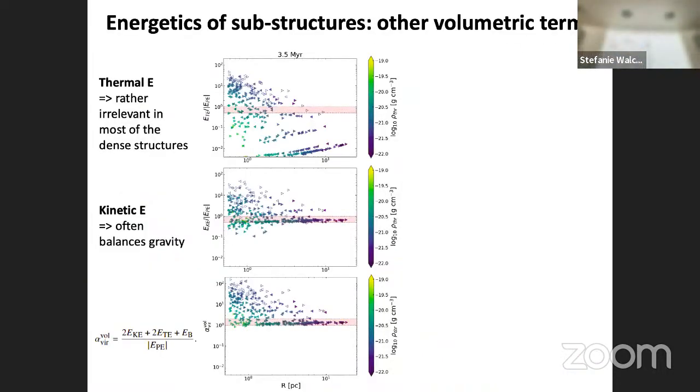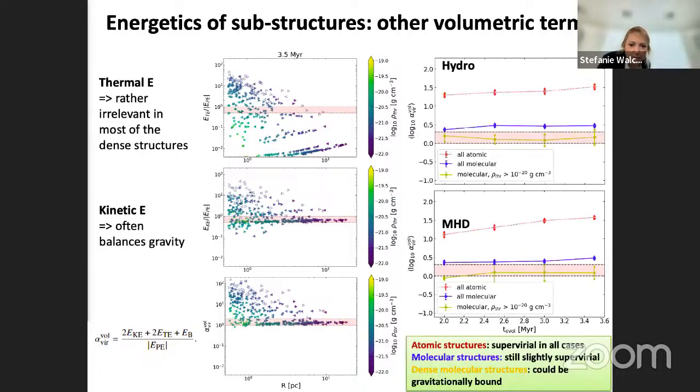This is showing the thermal energy over potential energy. Also here in the atomic structures, the thermal energy is quite high compared to the potential energy, bringing things into the supervirial regime. So basically thermal and magnetic energy help you to make structures supervirial, in particular when they are not very dense and not strongly molecular. So yeah, exactly, I wanted to show you this.